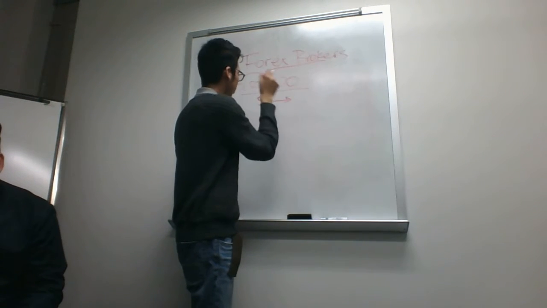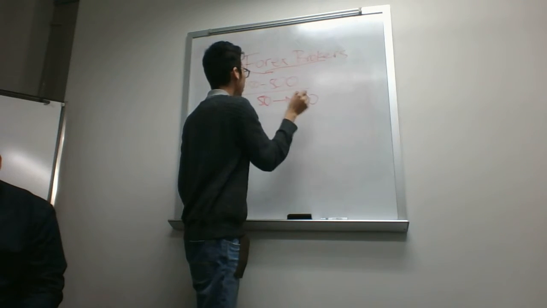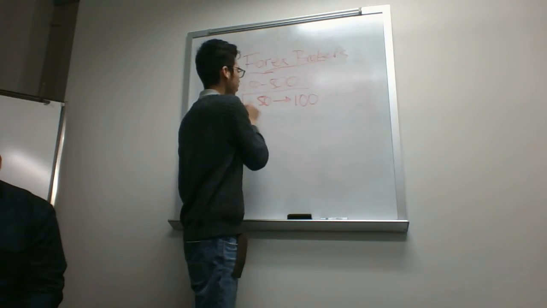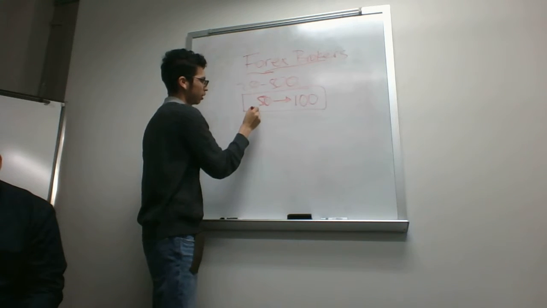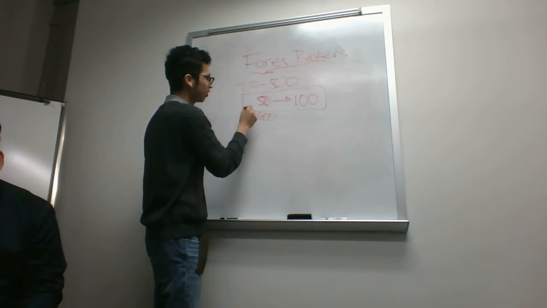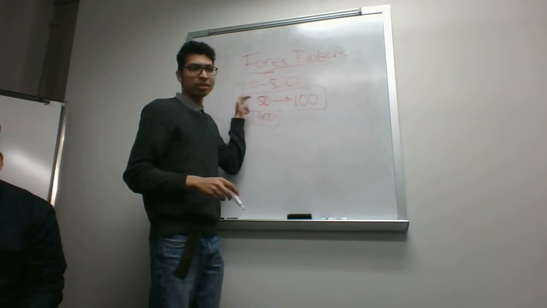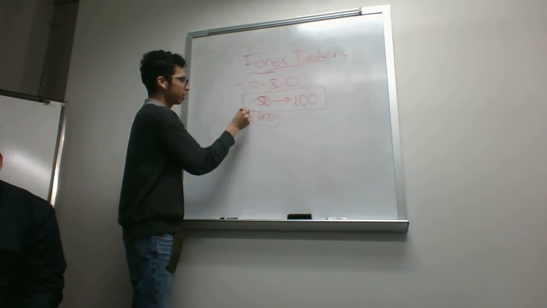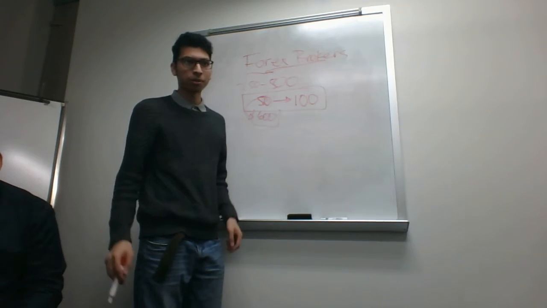But okay, so you can flip this into 100. What I did was make this account into $600. So how many days do you think that took me to flip 50 into 600? Two days? No, it's longer than that.